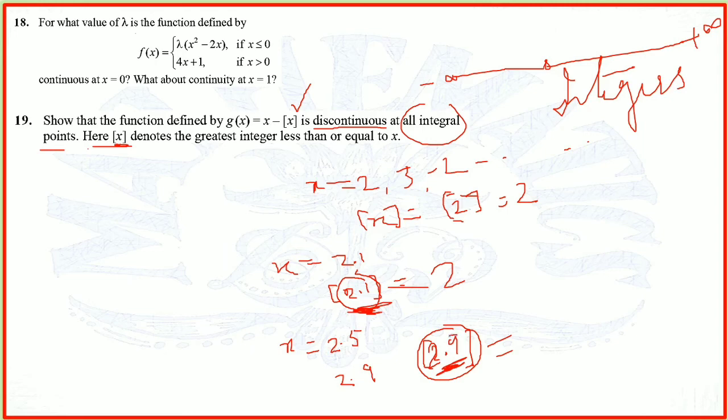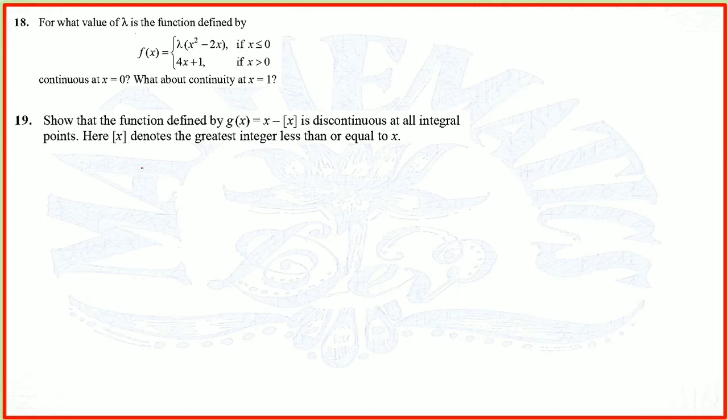So simply you should understand that you should consider this fraction as 0, and its value will be equal to 2 only. So this 2.9 will be equal to 2 only, and if it is 2.1, 2.5 or whatever, that is also equal to 2 only.